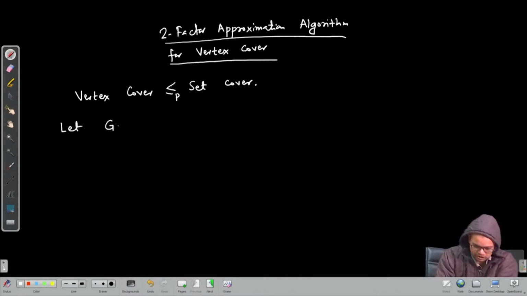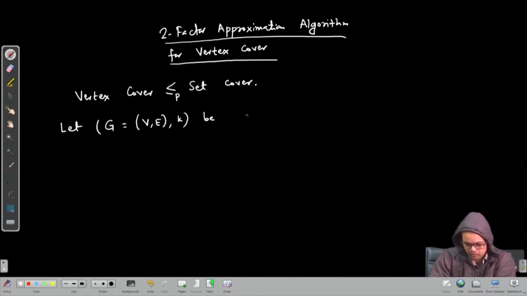Let G equal to (V, E), K be any instance of vertex cover.